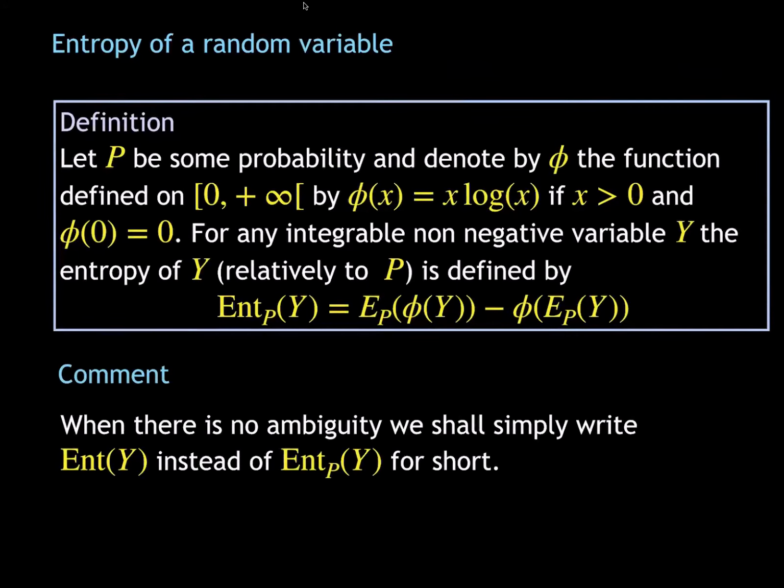But now the set of variables on which you have to see the entropy acting is no longer the set of square integrable variables as for the variance, but it is the set of non-negative and integrable variables. It is the right set to be considered when you look at entropy. It is acting on this set of variables.